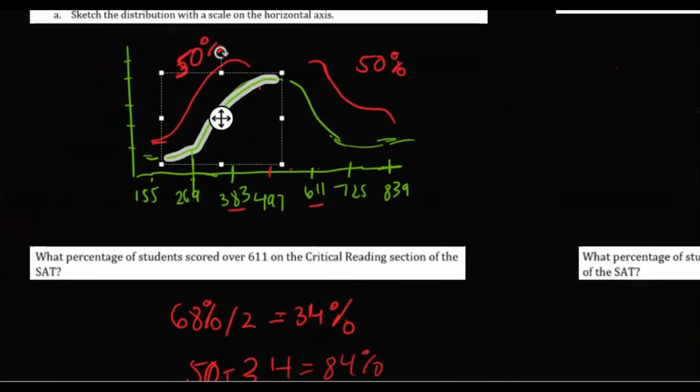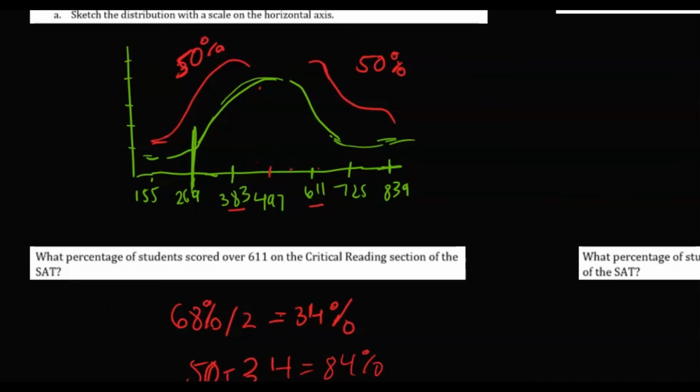So what percentage of students scored less than 269 on the critical reading section? So let's mark 269 on our graph. And we know that 269 is within 2 standard deviations of our whole set of data along with 725 on the other side.